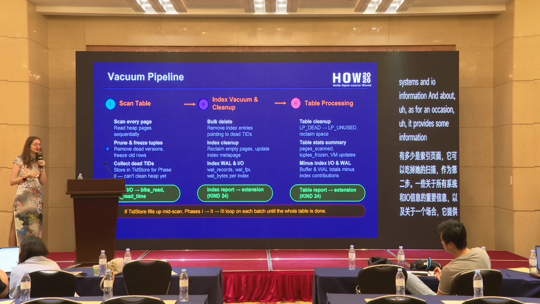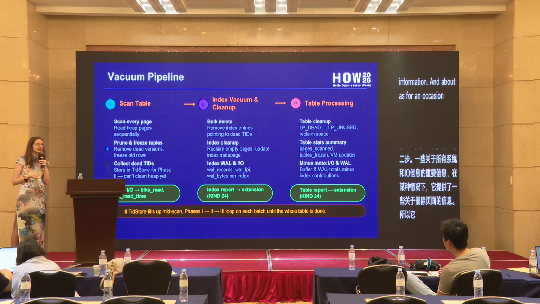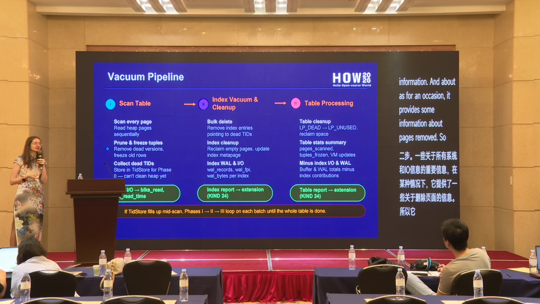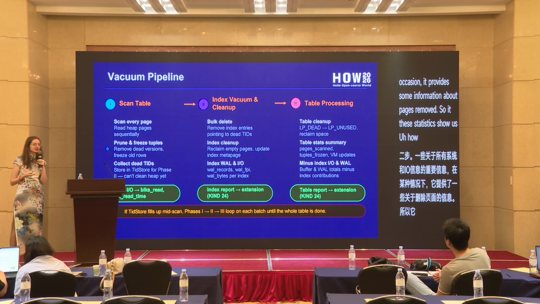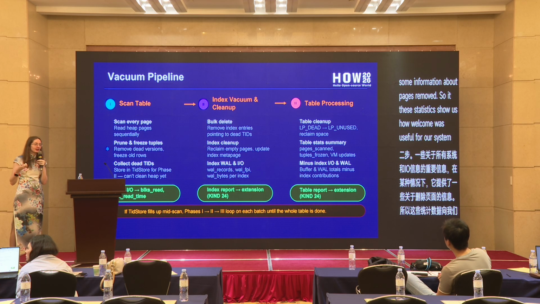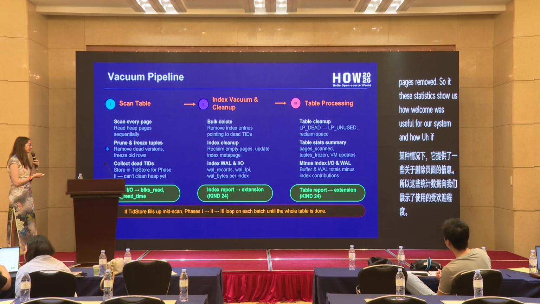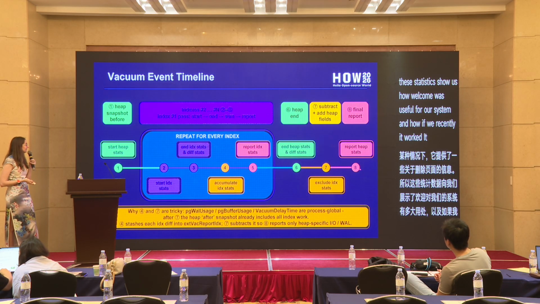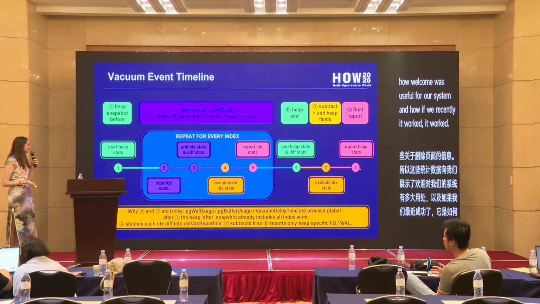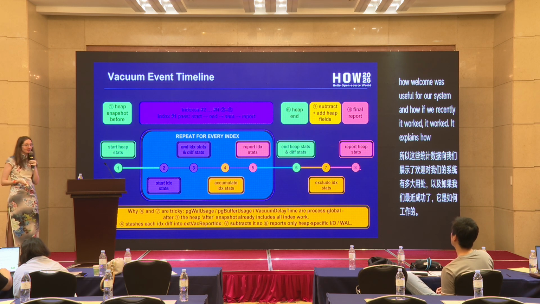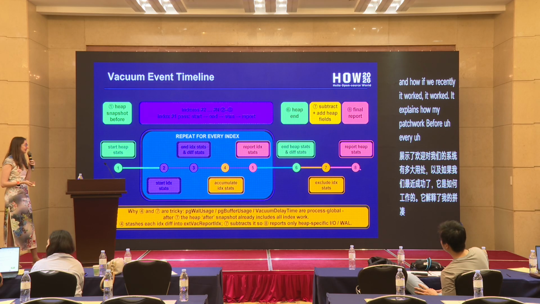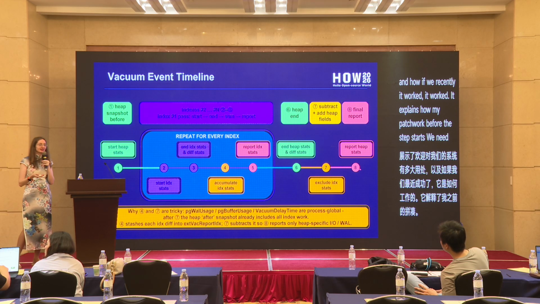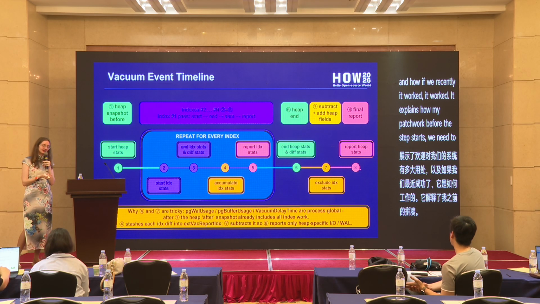So these statistics show us how vacuum was useful for our system and how efficiently it worked. And that explains how my patch works. Before the step starts, we need to take a snapshot.